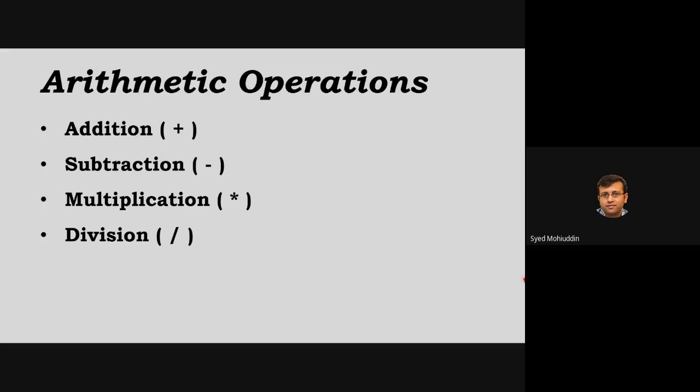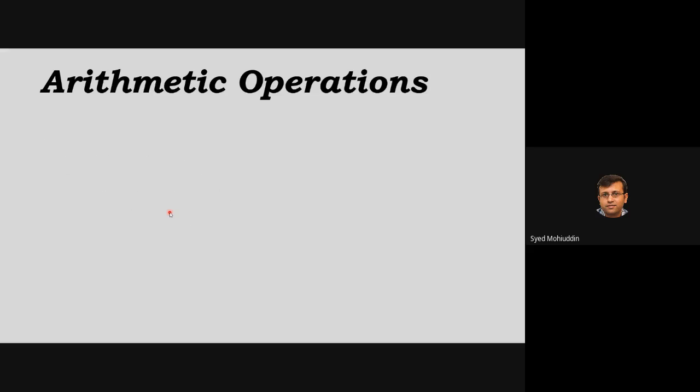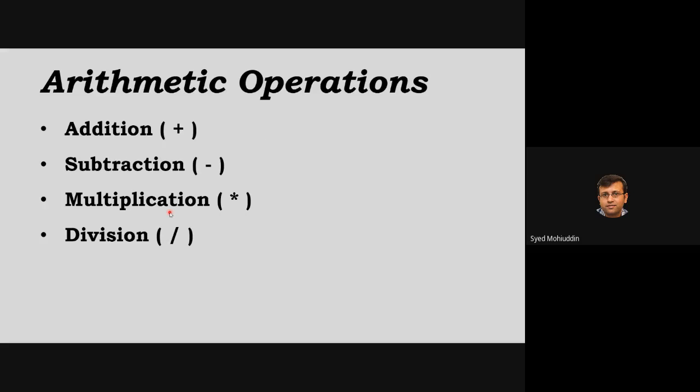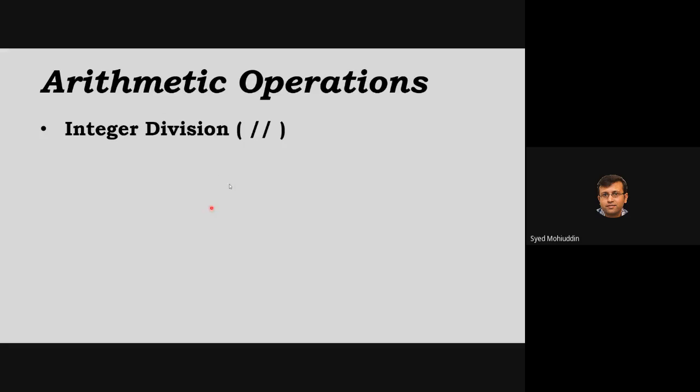The next thing is a special operator, which is known as integer division. Earlier, division was only a single slash. This is the integer division. What happens in integer division is that it will only return the integer part of the division operation.